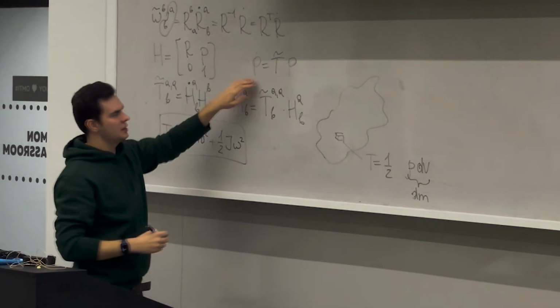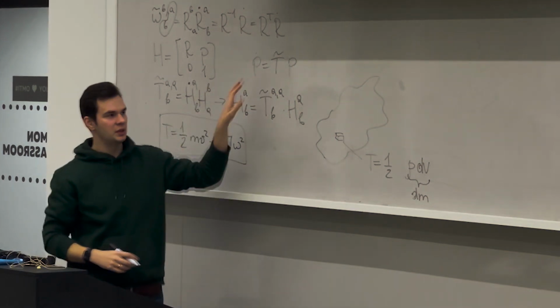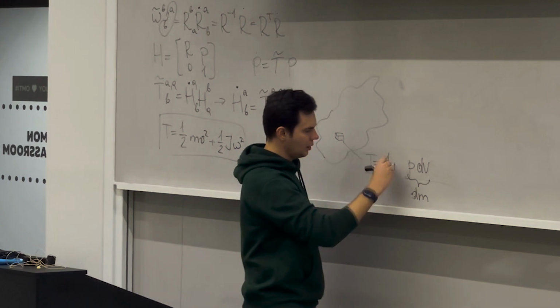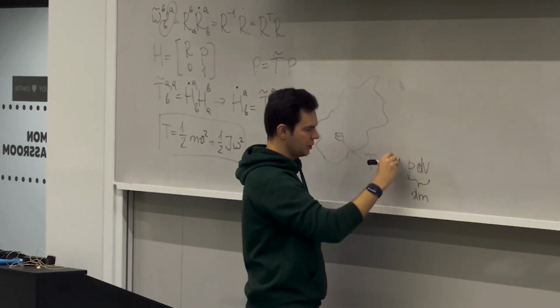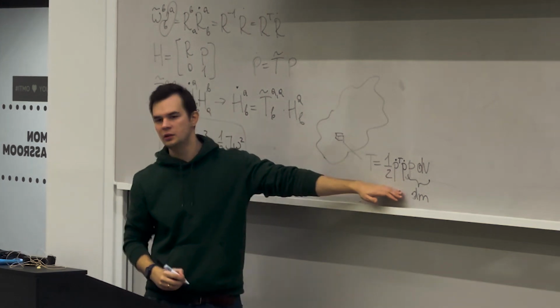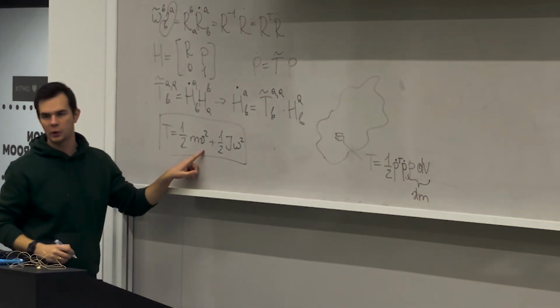So we do understand how to do the p dot. So here we can put p dot transpose p dot, and it will be the same as v squared.